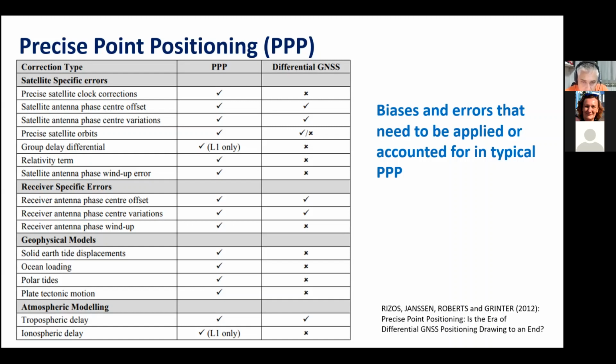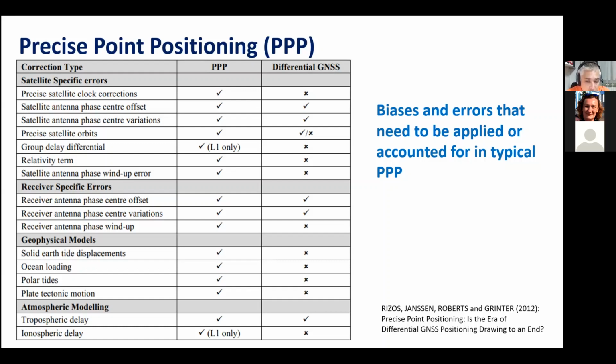Geophysical models, all four, so the solid earth tide displacements, ocean loading, polar tides, and plate tectonic motions, all those sources have to be taken into account. If you compare the situation with differential GNSS, all those error sources are not needed, since the effects simply cancel out in the process of differentiation.